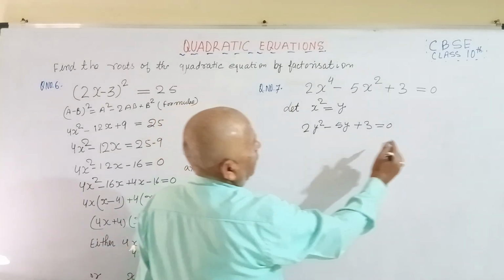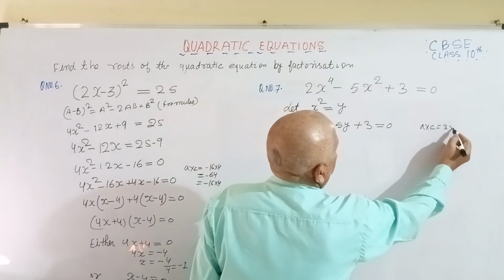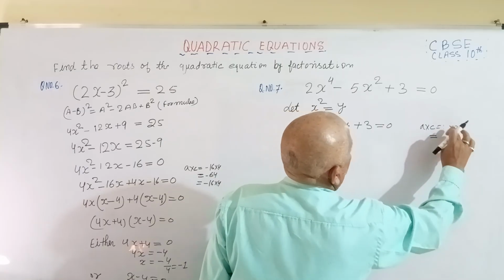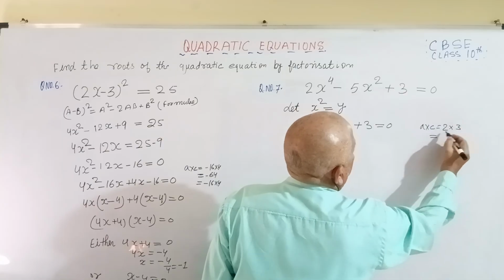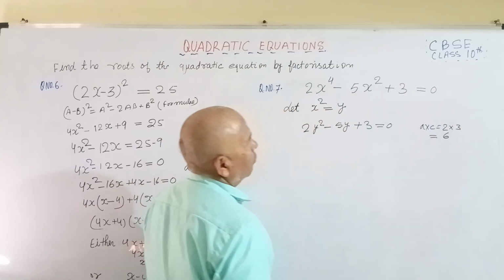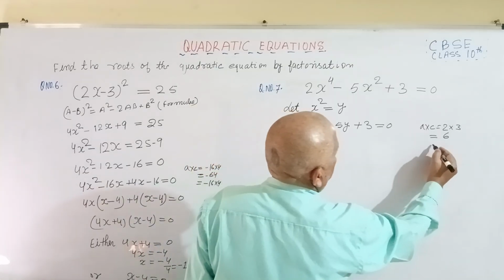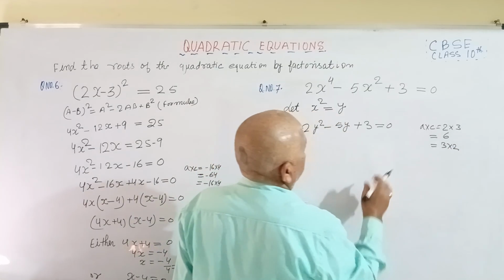Now 2 and 3, a into c becomes 2 into 3, that is 6. Now the factors of 6 are 3 into 2.